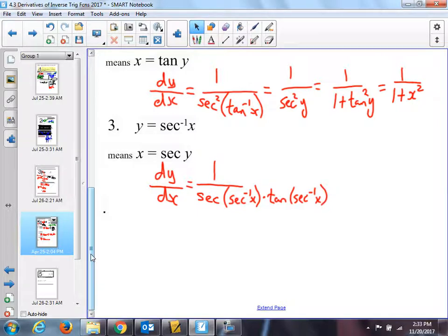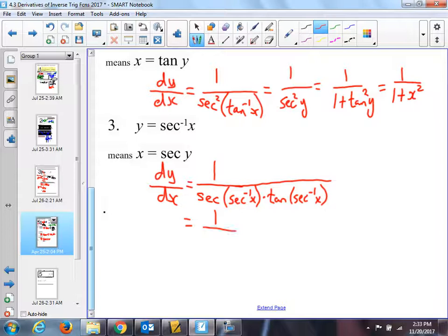Okay. That's just applying the derivative there, keeping the inside. Now, like I said, just like the other ones here, that'll be in terms of my y, my original function. 1 over secant y tangent y. Just like the other ones then.